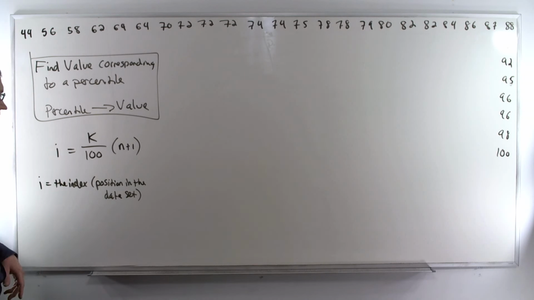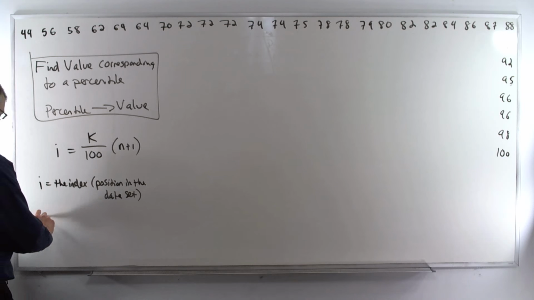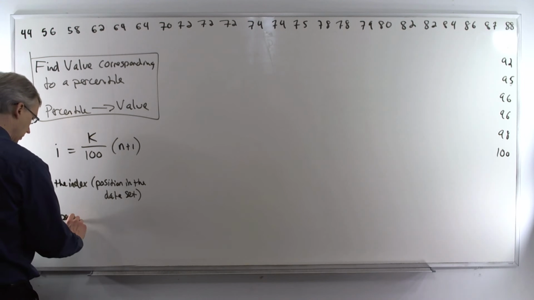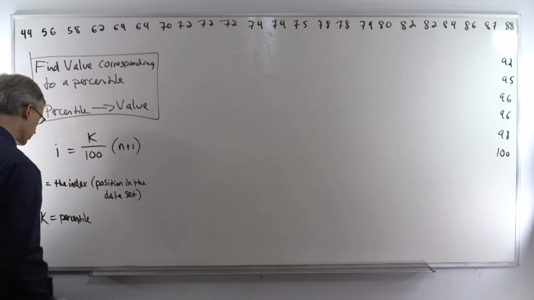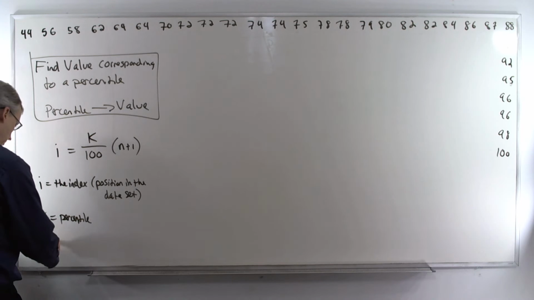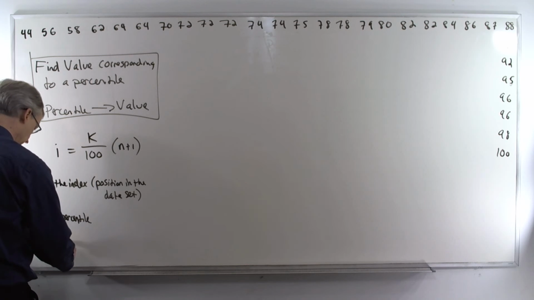Where I is the index, and that's the position in the data set. So the first value is position 1, 2, 3, 4, 5. All right, that's the index. Now K is the percentile. That's what we'd be given. I don't know why they use K for percentiles, probably German or something. N is the number of values in the data set.